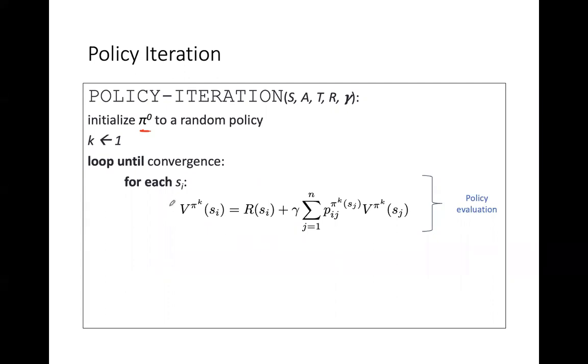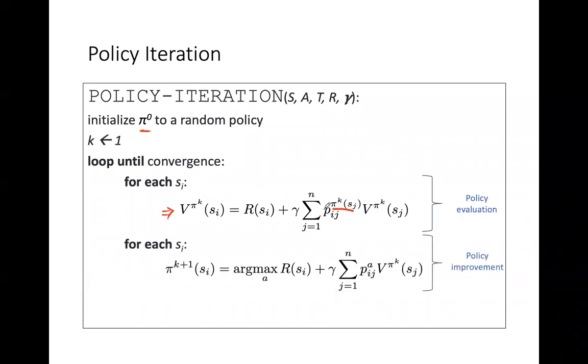And if I have a Markov chain, then I can compute the values of my states quickly. So this is the equation we already had before, where the actions are being dictated to me by my current policy. This is what we will call the policy evaluation step. We'll do this for a little while and allow it to stabilize. And once that happens, I will perform a policy improvement step.